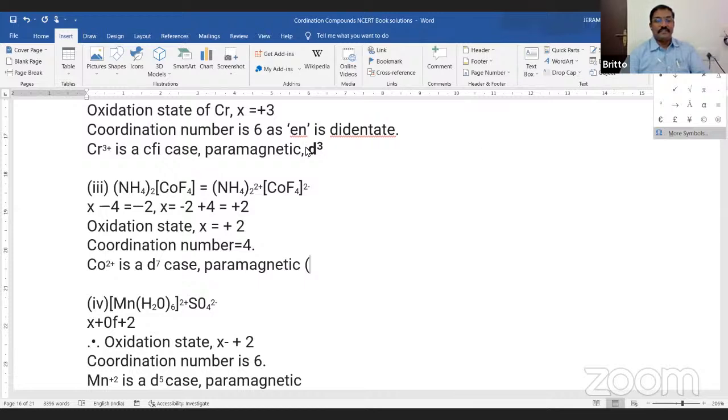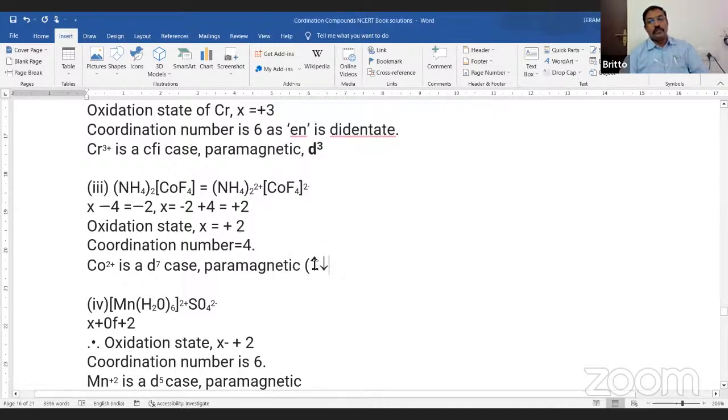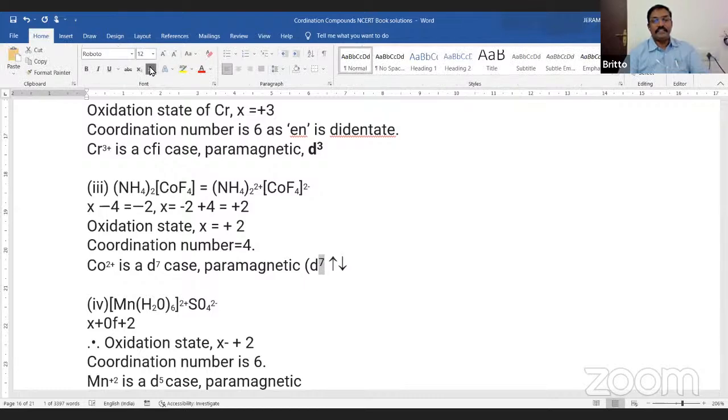Give me a second. So we are going to arrange the d7 as follows: first orbital 2, and then we are going to put 1 in each of the 5 orbitals, and then we put the next one.